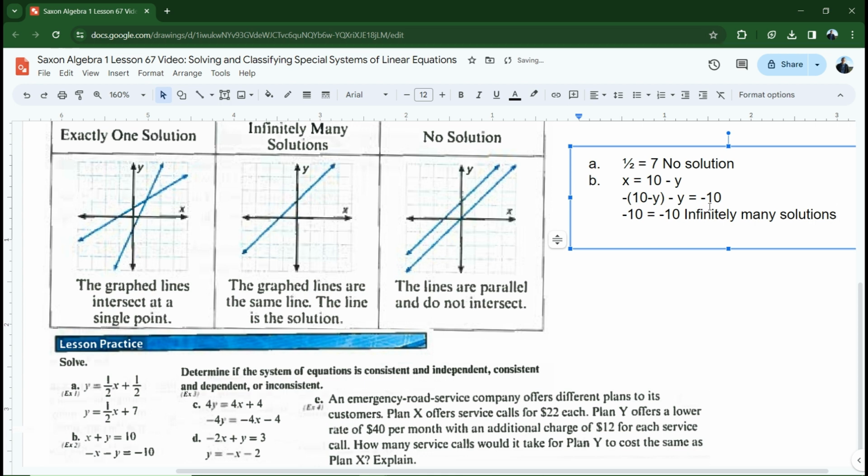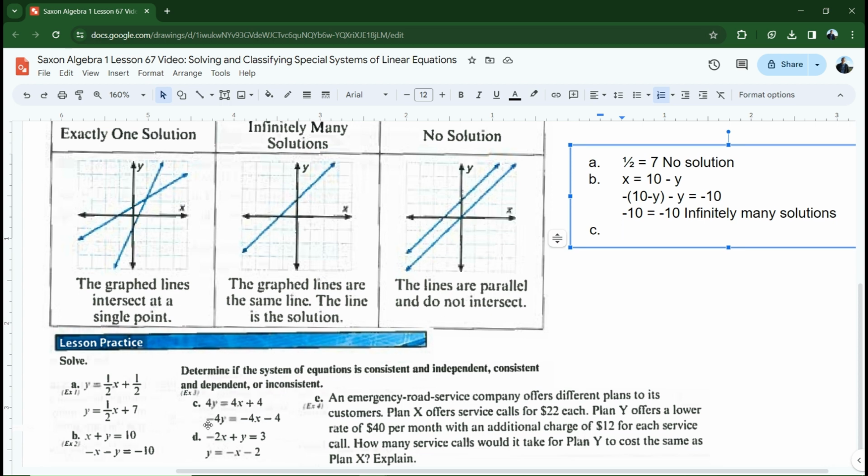All right, letter C. Determine if the system of equations is consistent and independent, consistent and dependent, or inconsistent. So I have to figure out whether they intersect at one point, whether they intersect at every point because it's the same equation, or whether there is no solution.